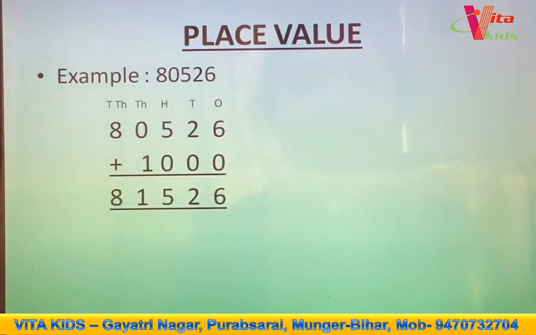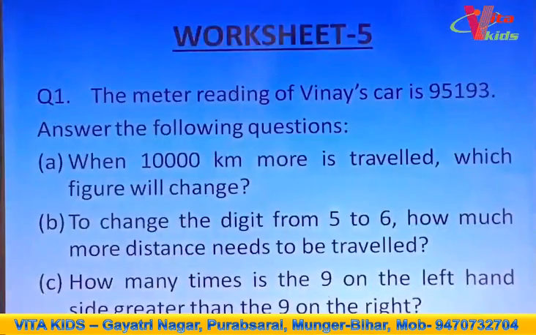Now my number is 81526. It has 1 in place of 0. Okay, a quick recap. To change the digit at the thousands place, we added 1000. Supposing we have to change the digit at the hundreds place by 1, what will we add? We will add 100.